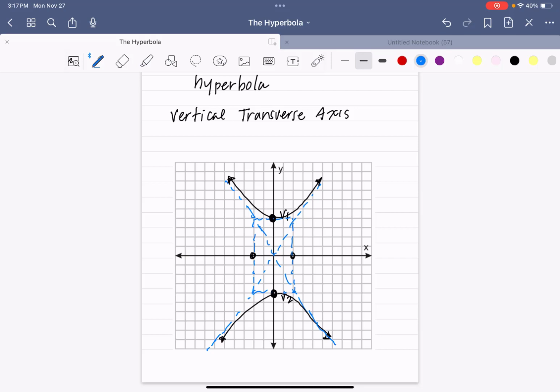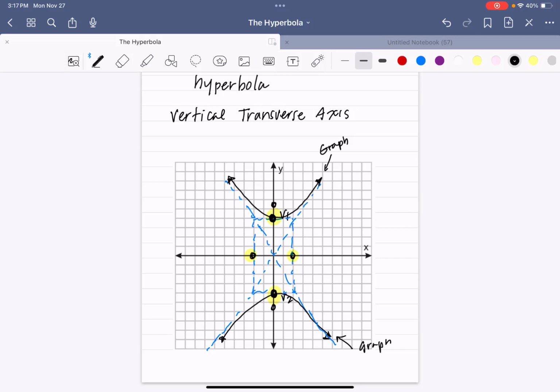So the parts are, of course, the graph. Number one, the graph, that's these two black lines right here. The vertices, so we've got a vertex here and a vertex here. We've got two guide points here and here. And I haven't drawn them in yet, but let's draw in the foci.